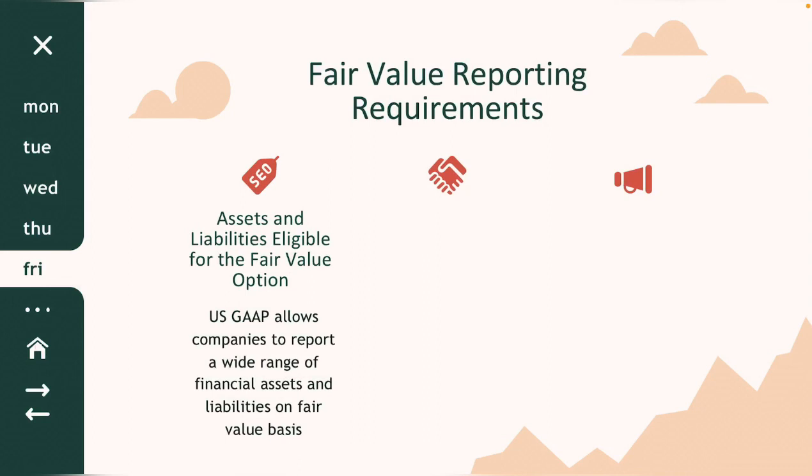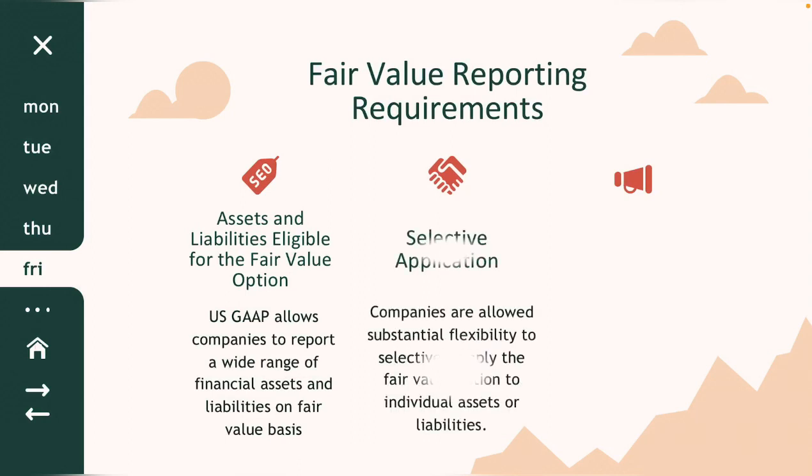These include investments in debt and equity securities, financial instruments, derivatives, and various types of financial obligations. And also, second is selective application. Companies are allowed substantial flexibility to selectively apply the fair value option to individual assets or liabilities. The flexibility is allowed even within a specific asset class.